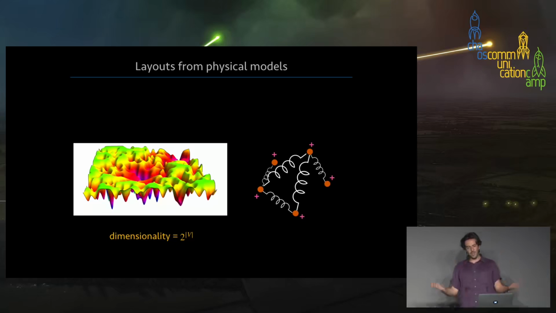So if we have v nodes, this has a dimensionality of 2 to the power of v. So even for 10 nodes, this has a dimensionality of 1,000, so roughly 2 to the 10. So it's a very large space to explore and try to find this minimum point.